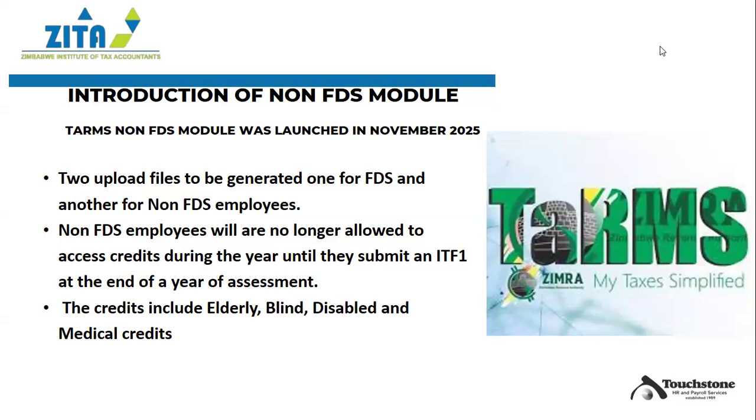If you look closely before I proceed, not much was done for non-FDS employees, even from the inception of FDS in 1999. The ITF-16 that we were submitting on a yearly basis was doing an assessment only for FDS employees. But for non-FDS employees, not much was being done, up until November 2025, when this non-FDS module was also launched.